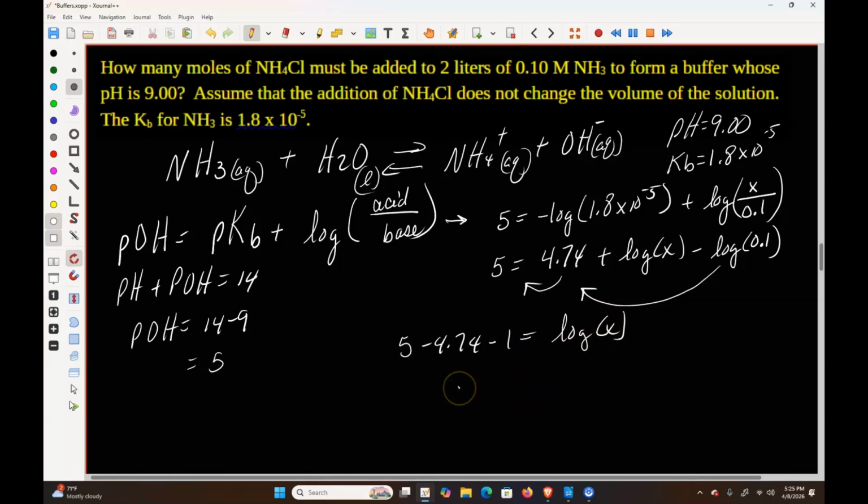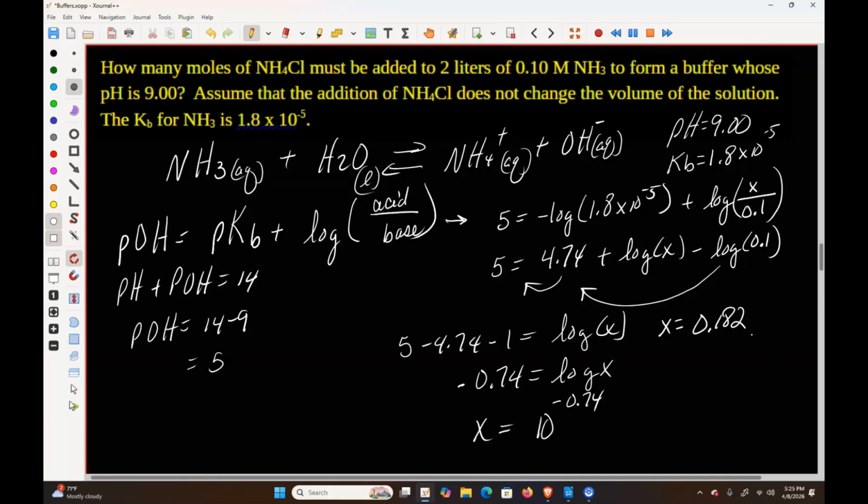So this is going to be negative 0.74 equals the log of x. Just raise it to both sides to the power of 10, or take the antilog. So x is going to equal 10 raised to the negative 0.74. So I get x is equal to 0.182.